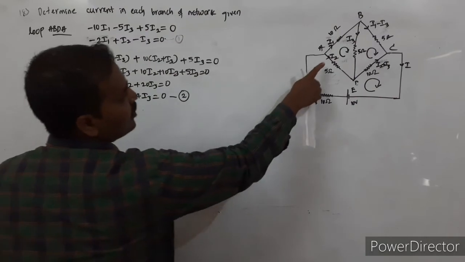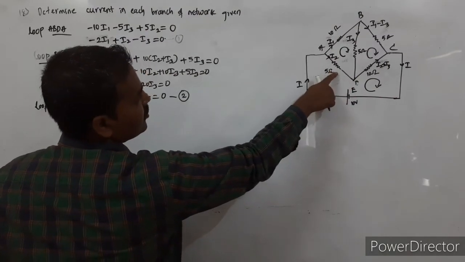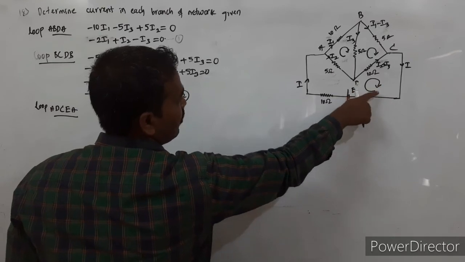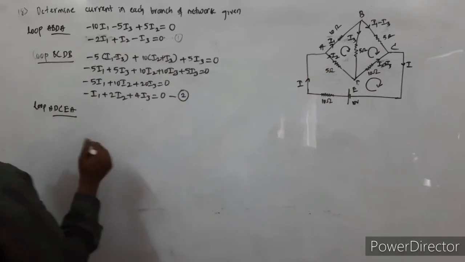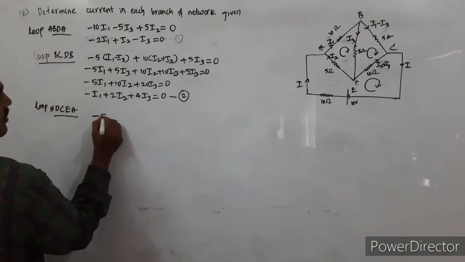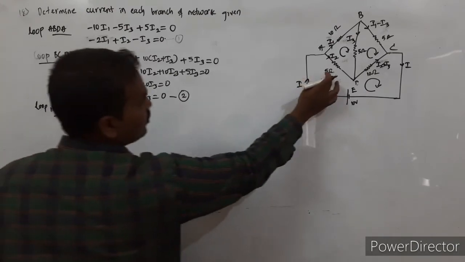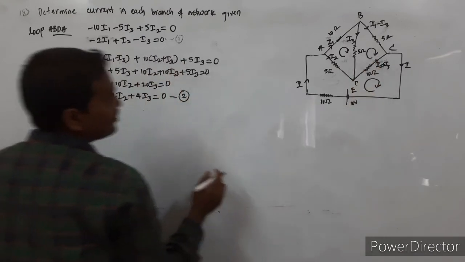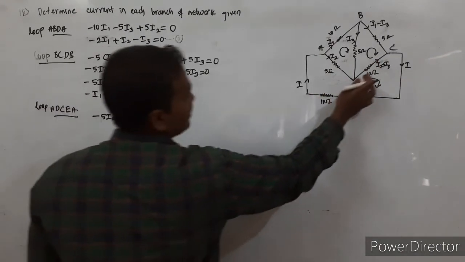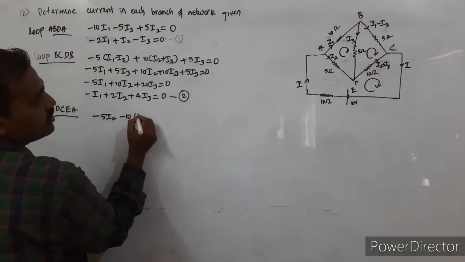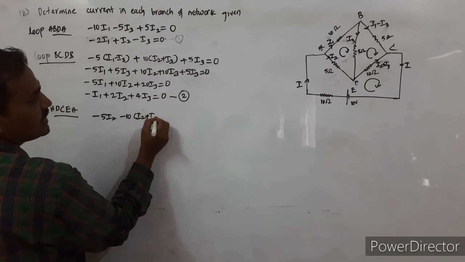Okay, let us move from A to D here. There is potential drop here. The direction of assumption is a positive clockwise direction. So here this potential drop is negative. That I write as minus of 5 into I2. When I move from D to C, the potential drop here is also negative, minus of 10 into I2 plus of I3 I write.